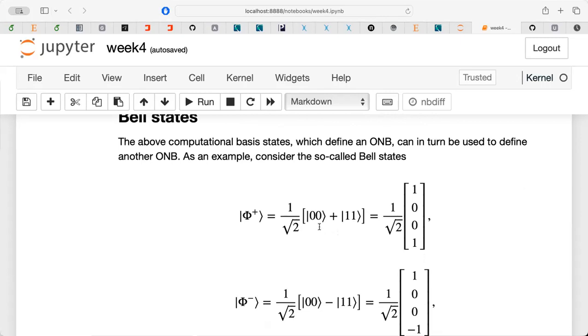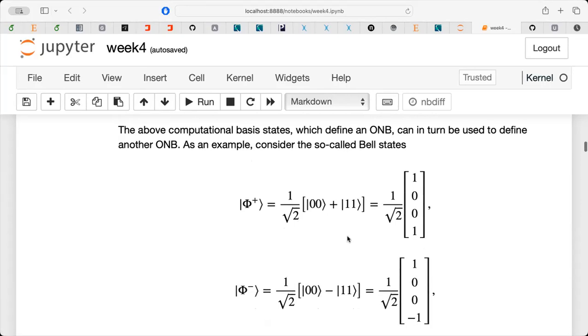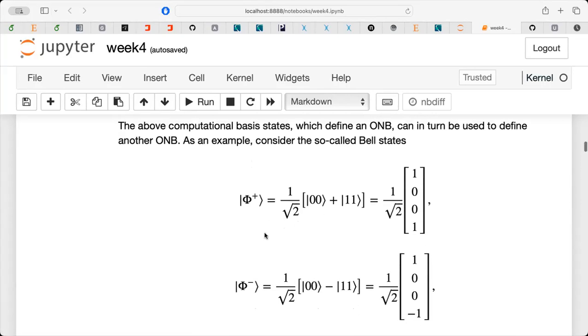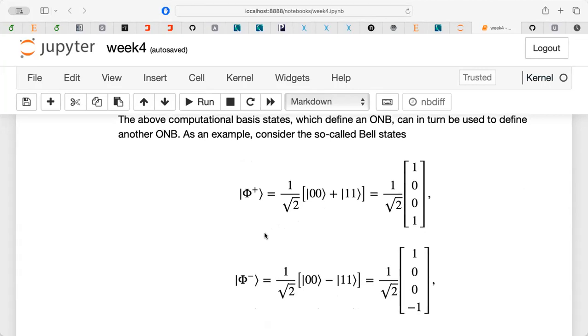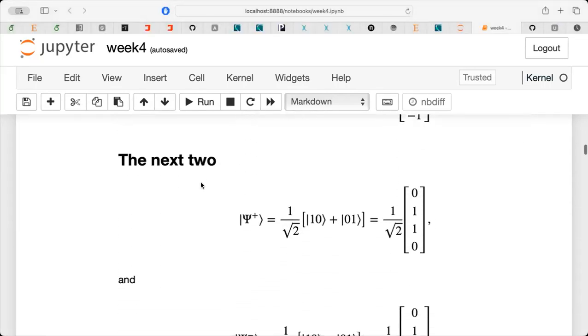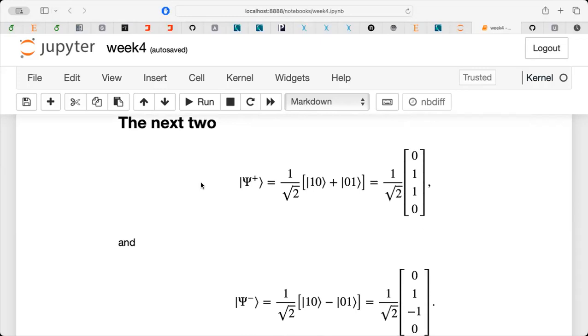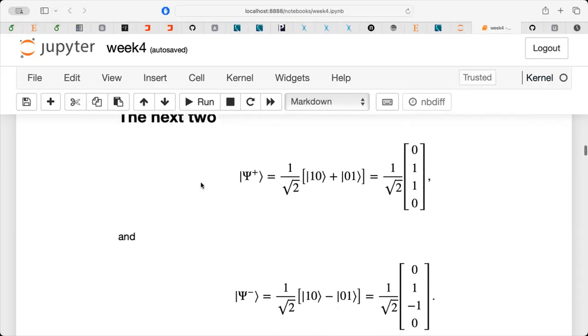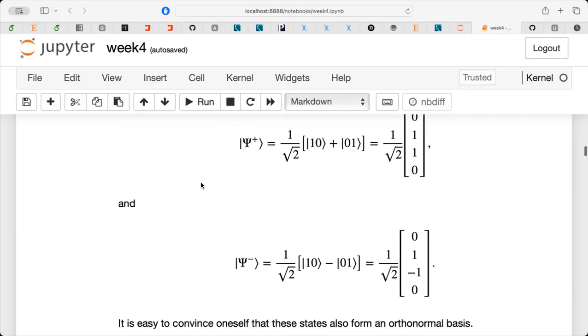So it's actually a superposition of 2 states here. And these states are given in terms of these definitions, which we presented last week. And the states, as you can easily see, form an orthogonal basis. So these were the first 2 states, and then we had the 2 other states. And it's an easy exercise to show that these states are orthogonal.